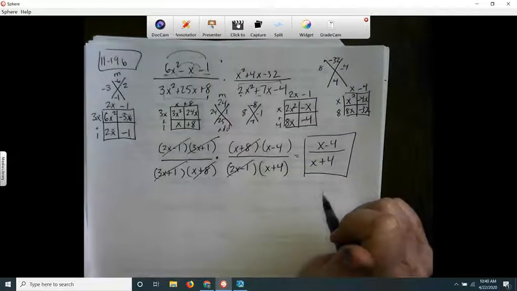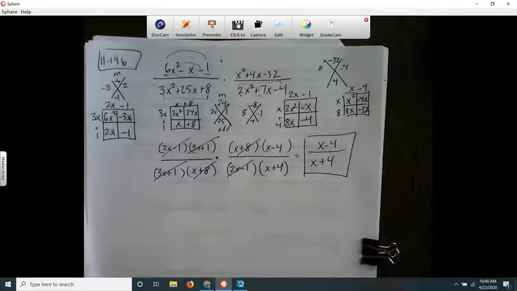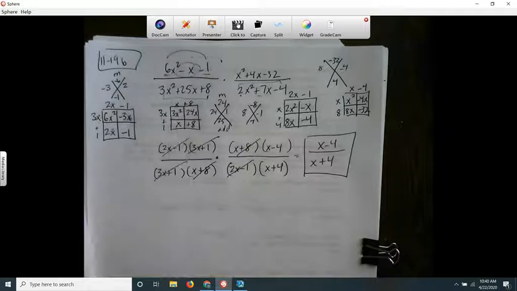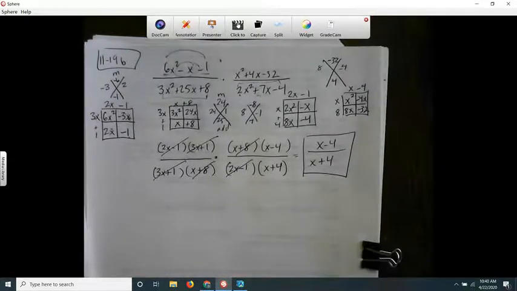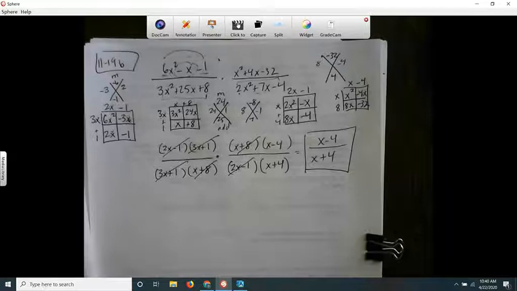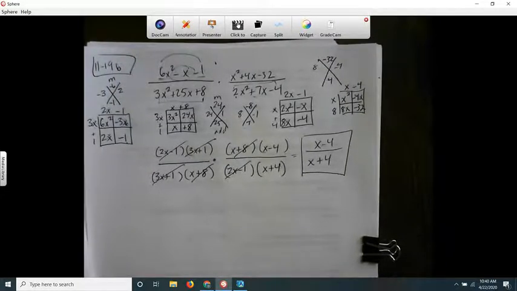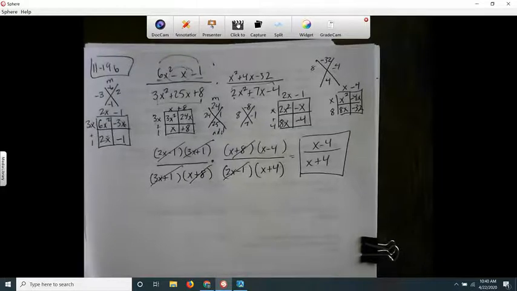I could find some things that make zero denominators and exclude them, but it doesn't say to. So that's just the answer right there. And you're done.